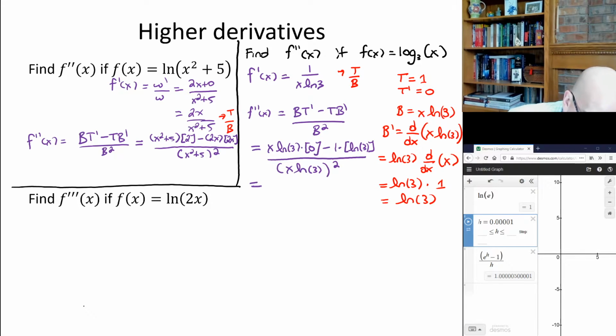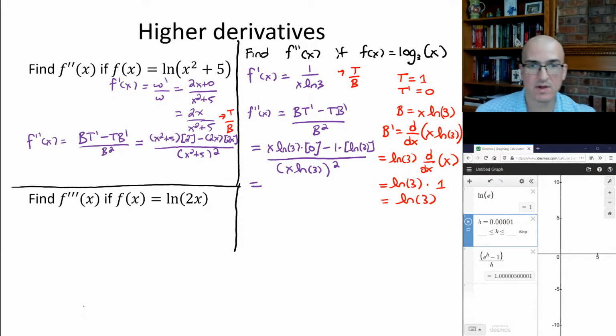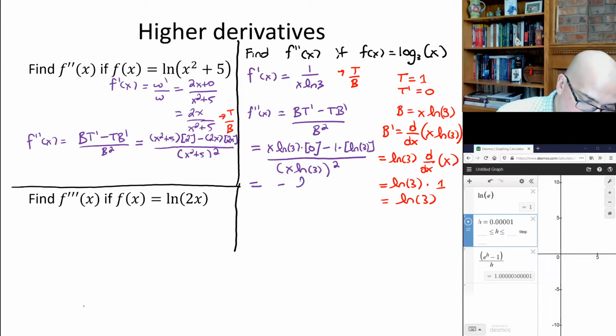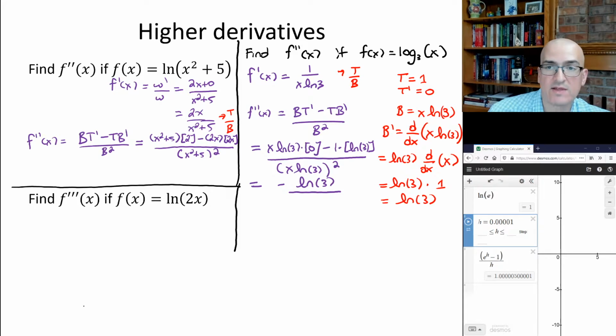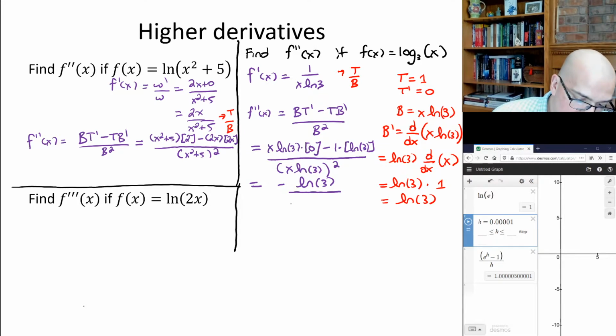Now I'm going to simplify this one because this does simplify nicely. We have x ln 3 times 0, which is 0, and then minus ln 3. Now the bottom, we have x ln 3 squared, which is x squared times ln 3 squared.